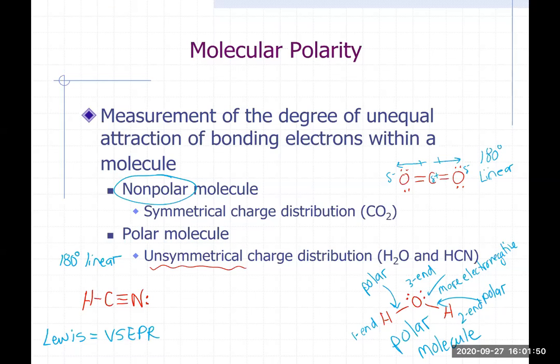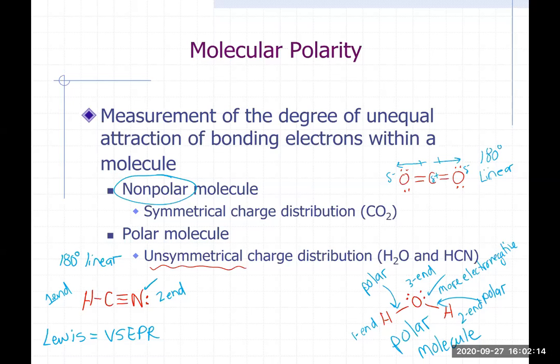Okay. So now our job is to look at the ends. Since it's linear, there's 2 ends. There's one end here, there's the second end here. And the question we ask is, is one end of the molecule more or less electronegative compared to the other? And the answer to that is yes.